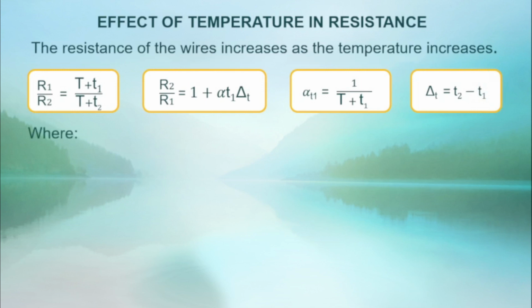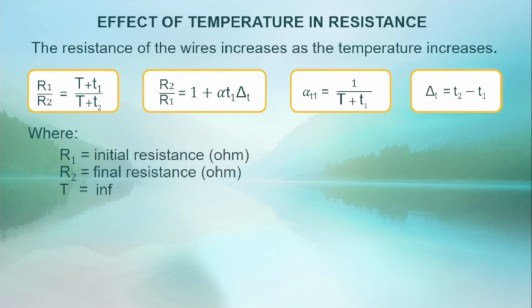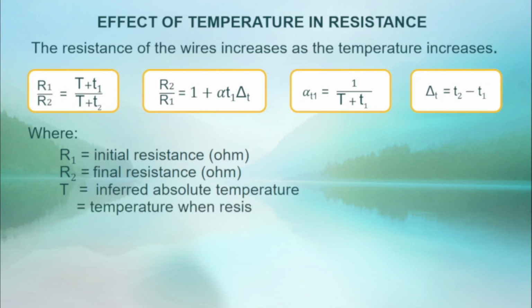Where R sub 1 equals initial resistance in ohm. R sub 2 equals final resistance in ohm. T equals inferred absolute temperature, or temperature when resistance of a given material is 0.